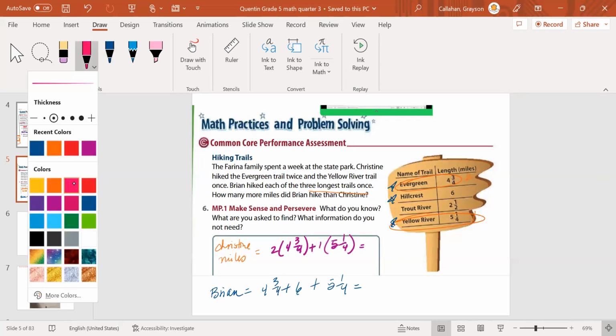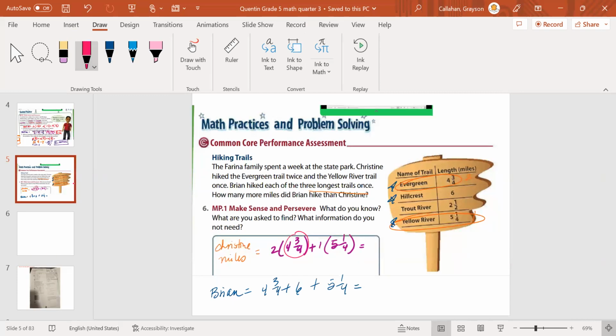All right, so let's go ahead and take a look at Christine. For Christine, we're going to change this one. 4 times 4 is 16, 17, 18, 19. 19 over 4. So then when you multiply the 2, that's 38 over 4. This will be 21 over 4, so plus 21 over 4. They have the common denominator, so when you add them together, what do you get?